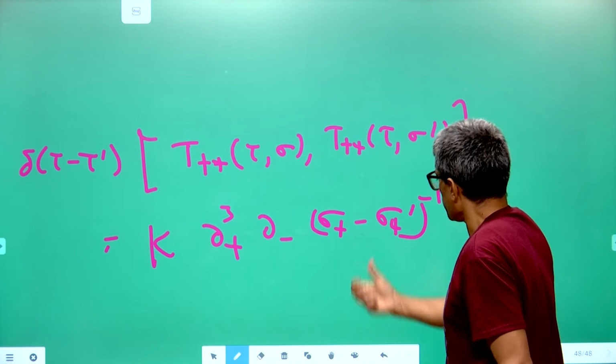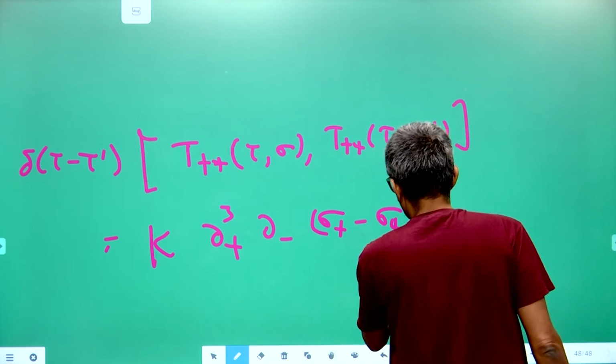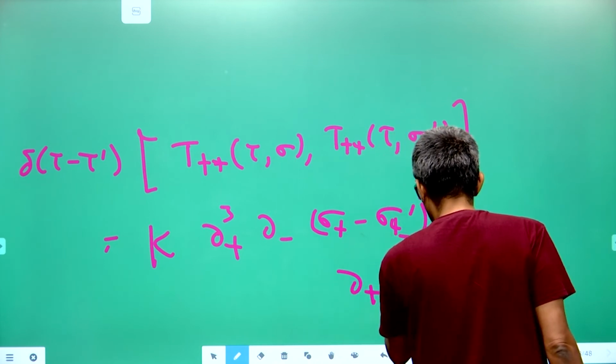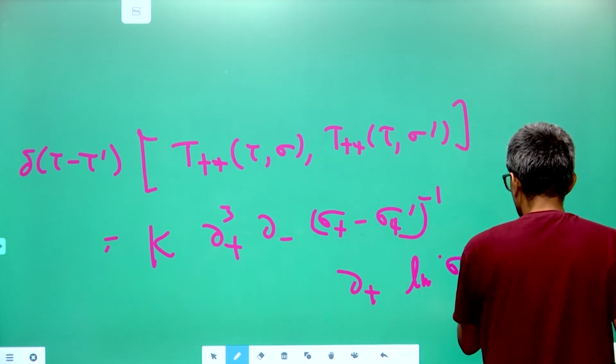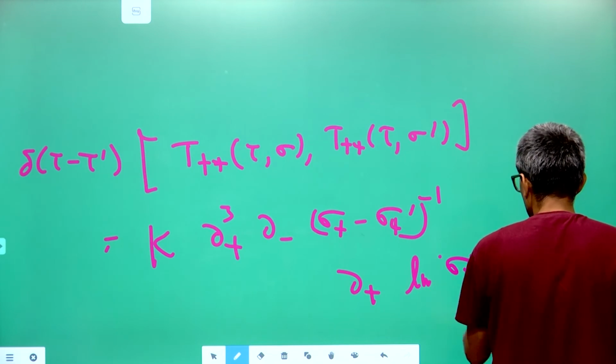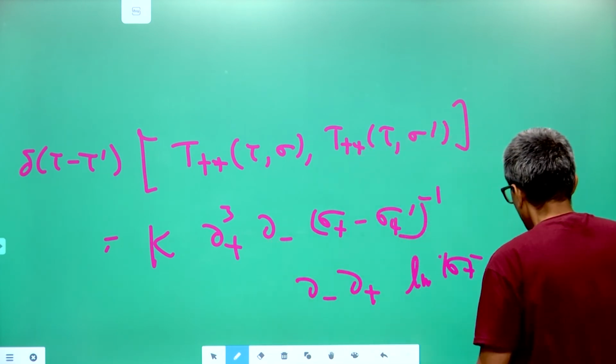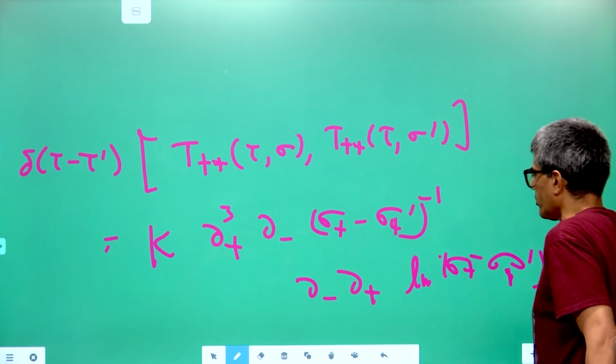Now this sigma plus minus sigma plus dash inverse can be written as simply dou plus of log of sigma plus minus sigma plus dash, and you are applying dou minus dou plus on this, which is the wave operator, and you already know that this is the Green's function for the wave operator.